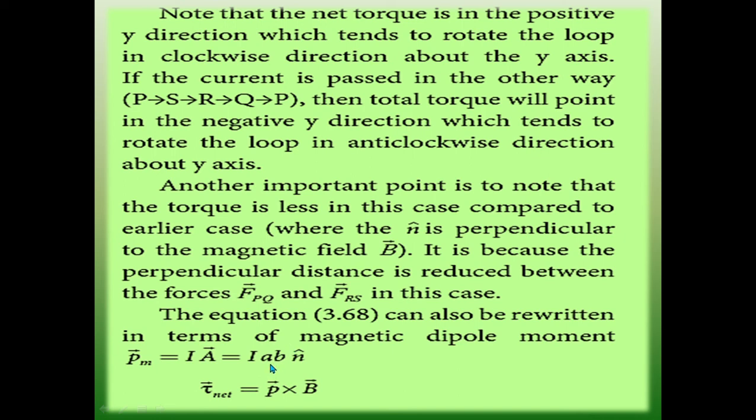Here length is represented by a, breadth is represented by small b. So I into ab n cap. So the net torque acting, in terms of the dipole moment, tau net vector is equal to Pm vector cross capital B vector.